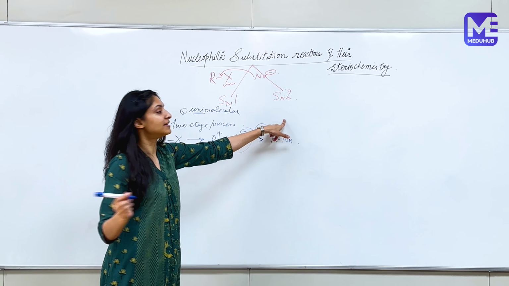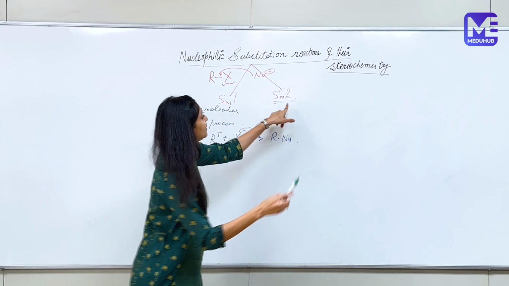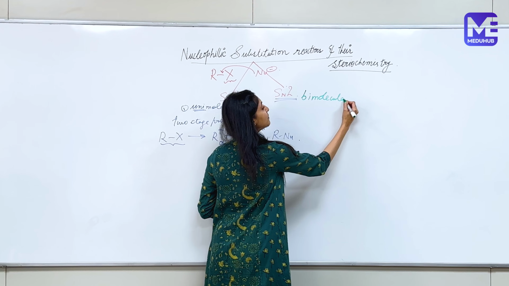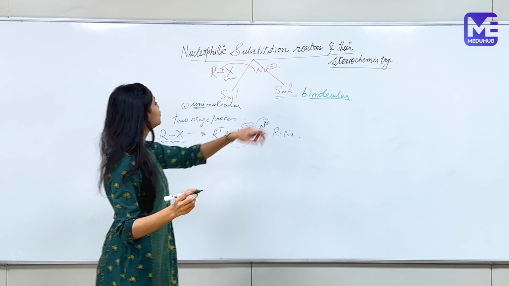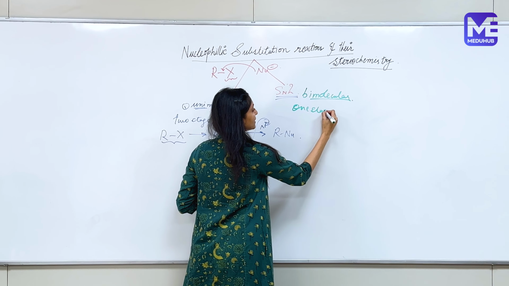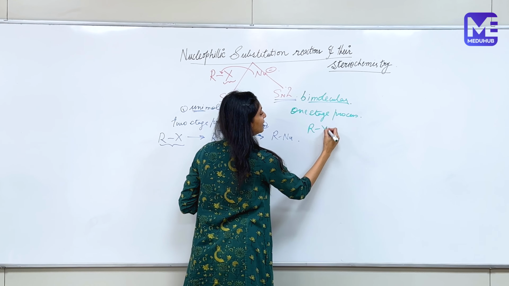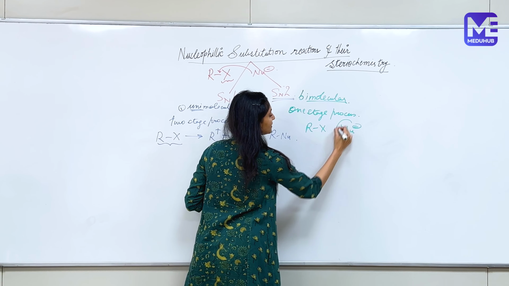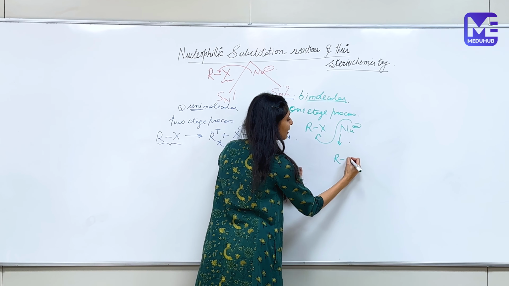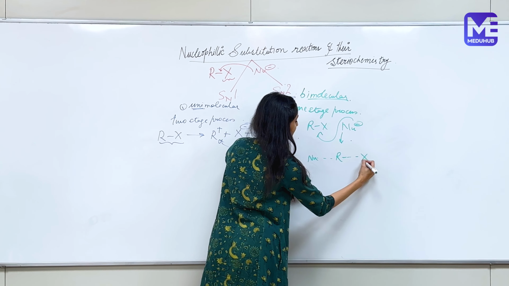SN2 is called substitution nucleophilic bimolecular. Bi means two. In an SN2 mechanism, this is a one-stage process where the nucleophile directly attacks the substrate and forms a transition state where the carbon is attached to 5 bonds simultaneously.